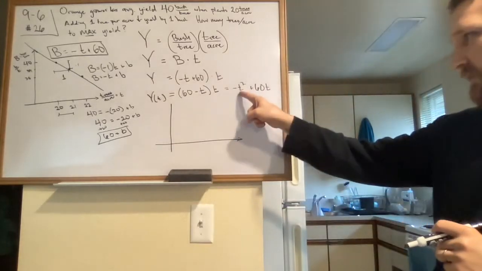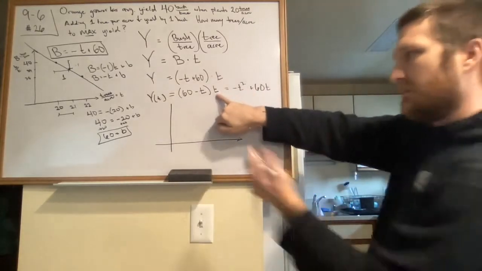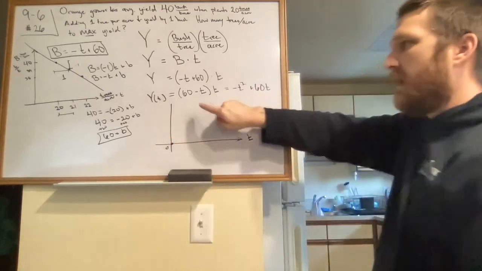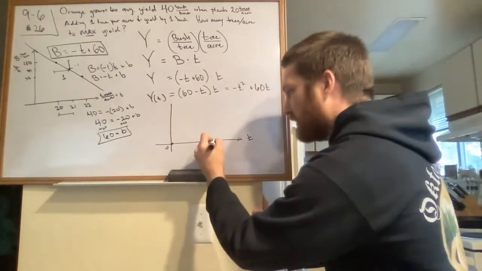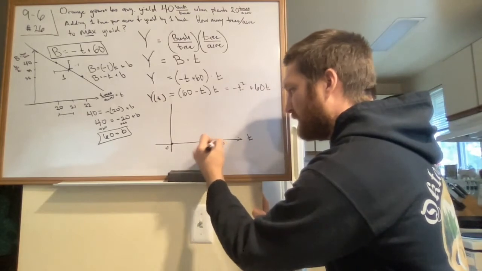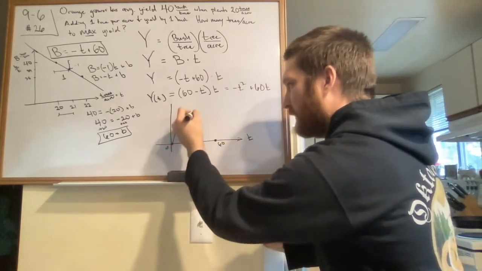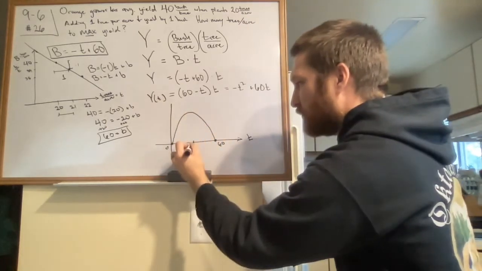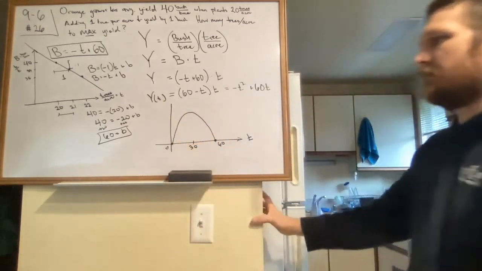It goes through at t equals 0 and at t equals 60. It comes up and goes back down, and halfway between is where the max is, which should be at 30.